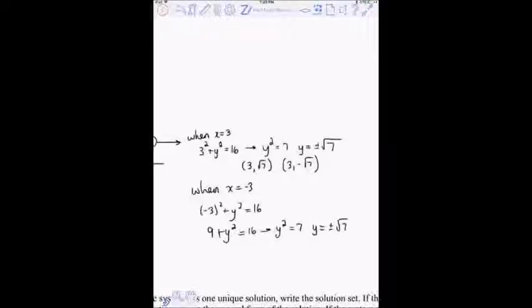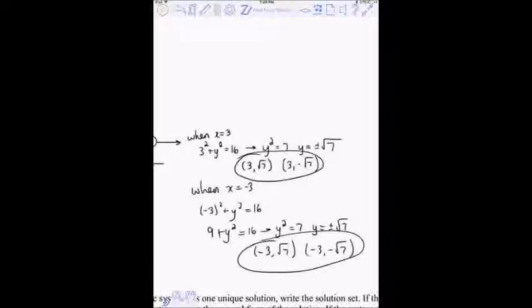So we have another 2 points, negative 3 comma square root of 7, and negative 3 comma negative square root of 7. So we actually have 4 solutions to that nonlinear system of equations.